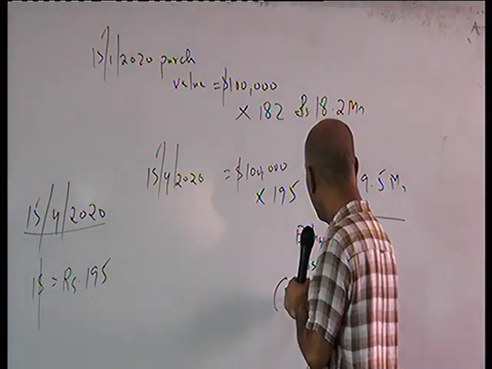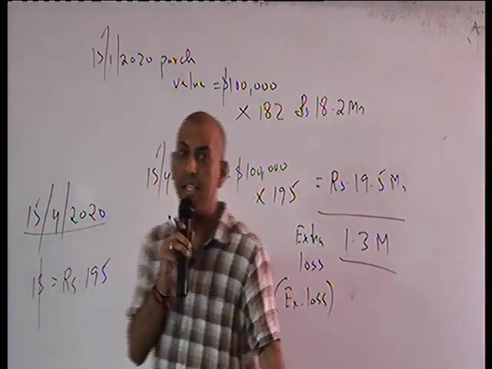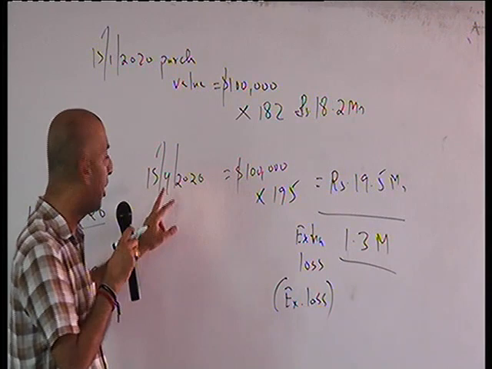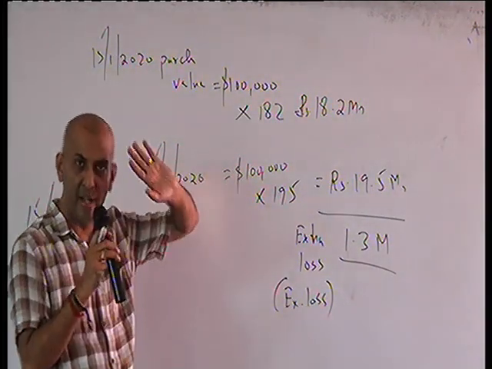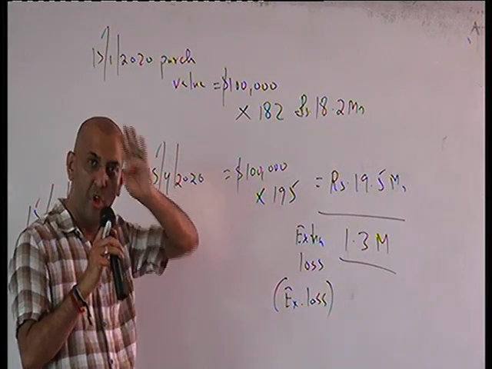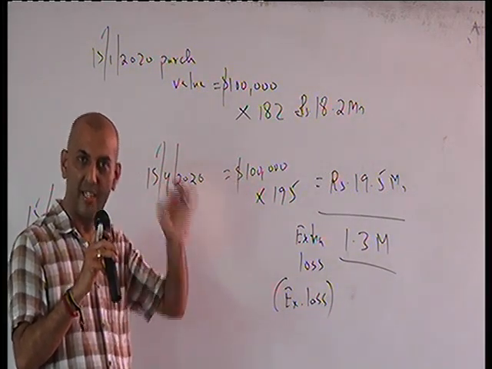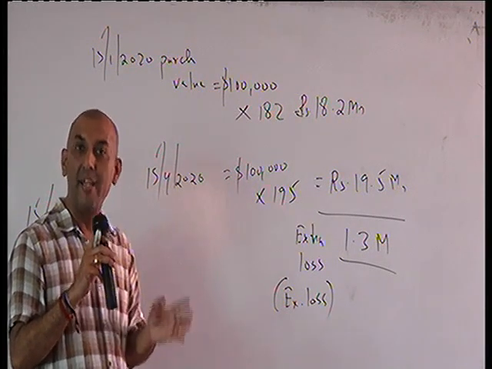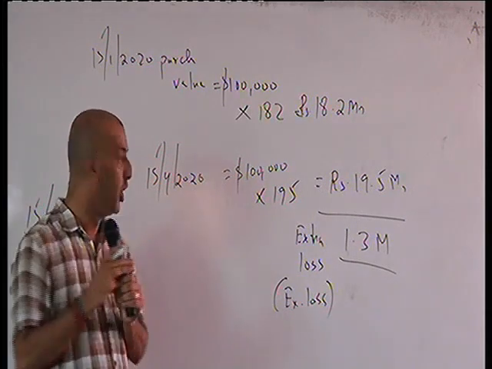What is this? Exchange loss. Since I am paying only on 15th of April, my supplier, I have to pay same $100,000. There is no change in my supplier's invoice value, which is still $100,000, but exchange rate has changed from 182 to 195.